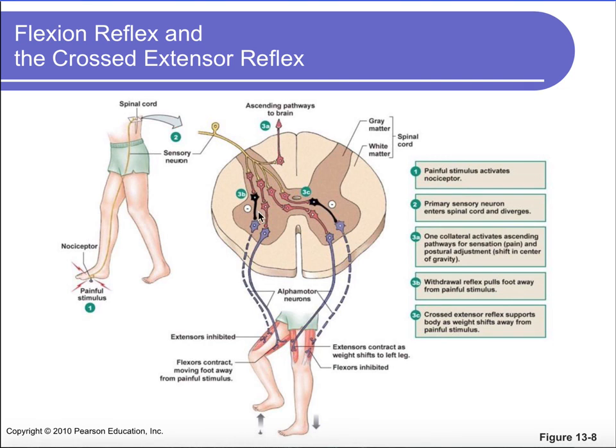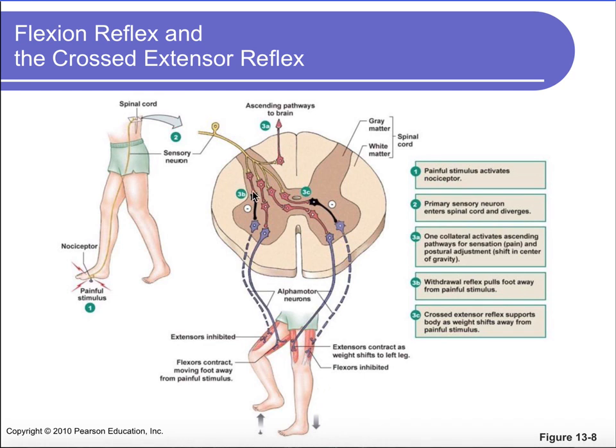It's going to cause the side that we stepped on the tack, we want to lift that leg up, obviously. So we are going to then flex our leg. So in this case, it's going to stimulate our flexors and inhibit the extensors. And if we were to lift up this leg without making adjustments on the other side, we'll fall over.